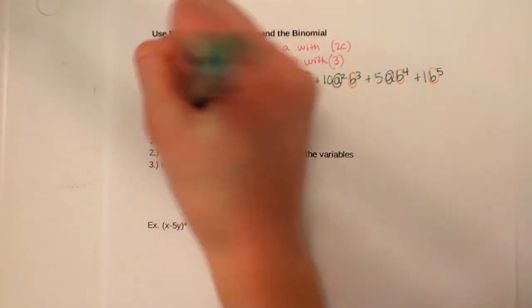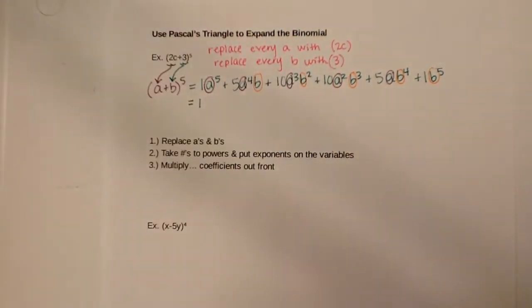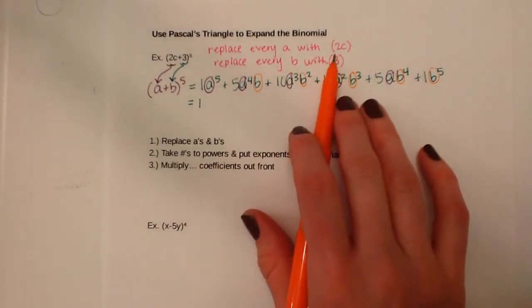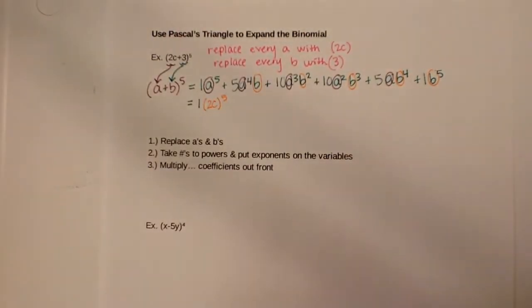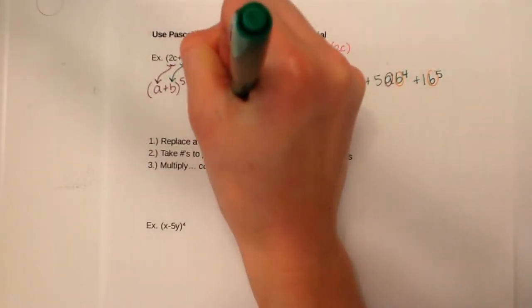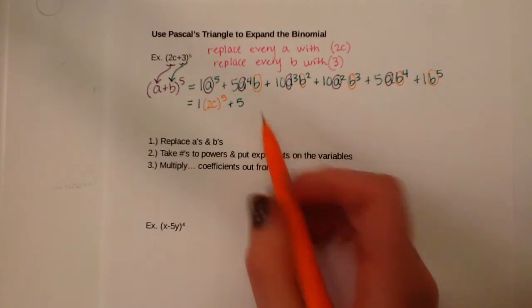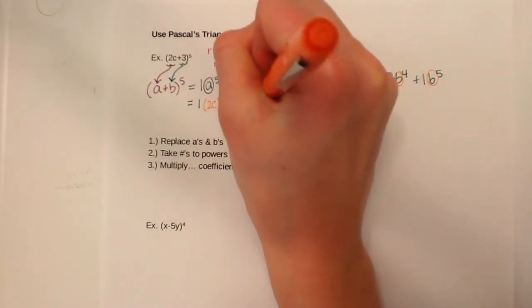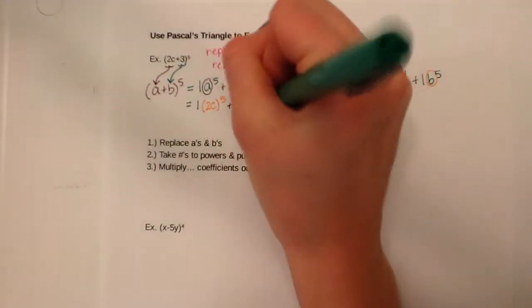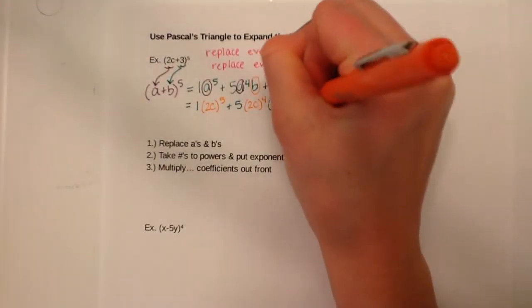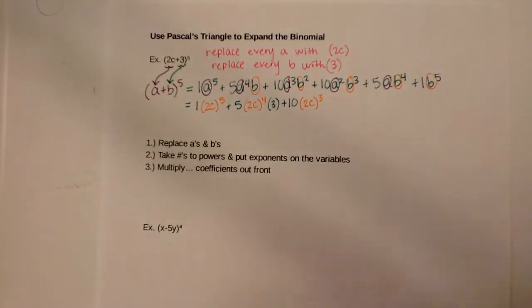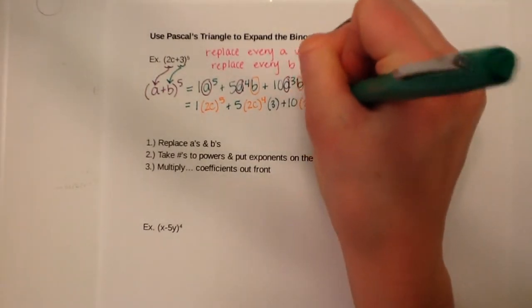So that's really 1 times A, so we're going to replace A with 2C. So you have (2C) to the 5th plus 5 times A, which is really (2C) to the 4th, times B, which we're replacing with 3, plus 10 times A, which is (2C) to the 3rd, times your B, which is 3 squared.